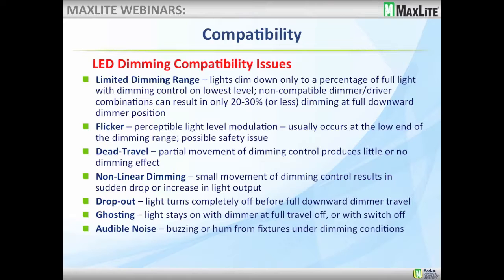Unlike incandescent lamps, which dim nicely all the way from 120 down to 0, LEDs at some point are just going to shut off because they don't have enough electricity to run the circuit. So they could be dimming very nicely, then suddenly shut off at a level where you would rather be able to go down further.